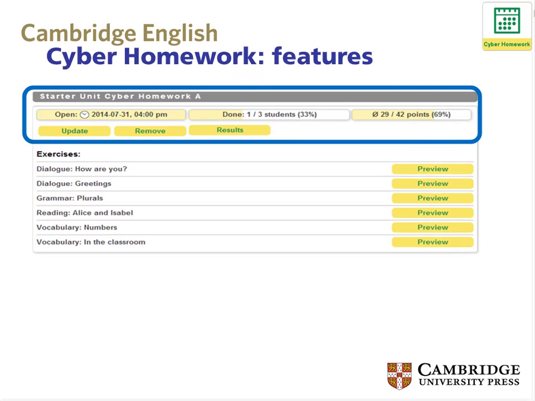You as a teacher can see how many of your students have already completed the task. So that means that if the deadline is close, you will have the possibility of taking some action before students go back to class to tell you that they haven't completed and they haven't done anything.